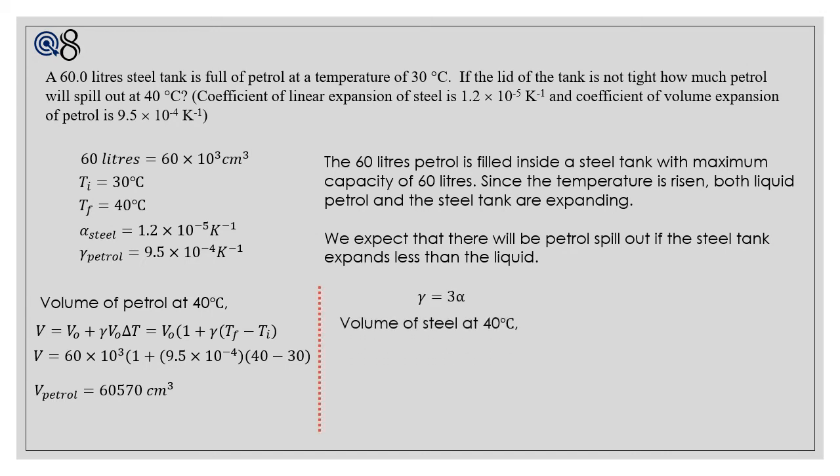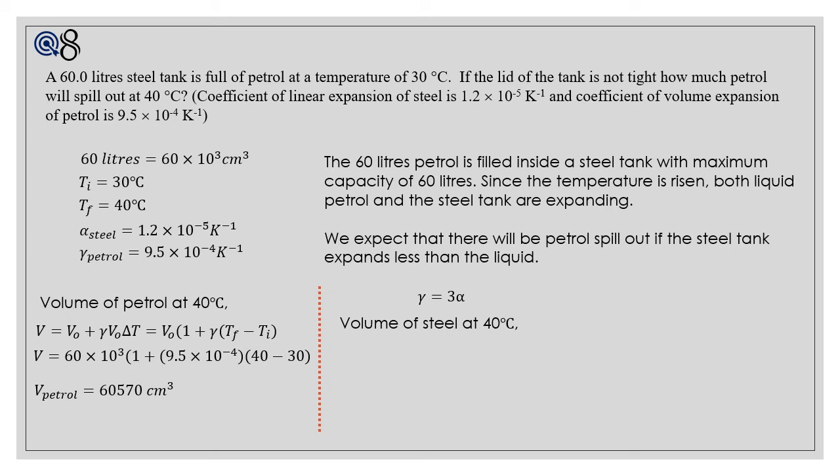Next, you should know that the value of the coefficient of volume expansion is 3 times the value of linear expansion of the same material, which means gamma equals 3 alpha.